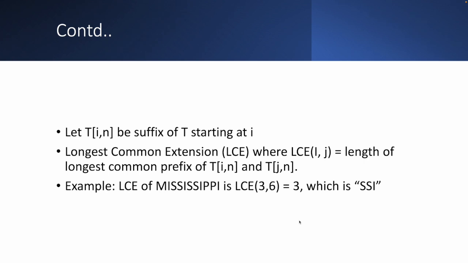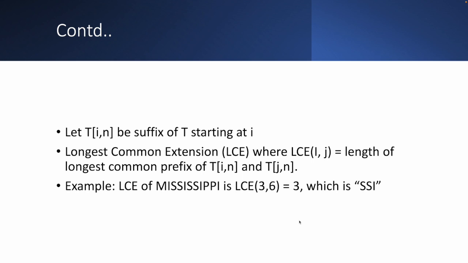So let t[i..n] be the suffix of t starting at i. We're basically just defining a suffix array of t, and then we are defining the LCE, where LCE(i, j) is the length of the longest common prefix of t[i..n] and t[j..n], where t[j..n] is again another suffix of t starting at j, just like i is starting at i.